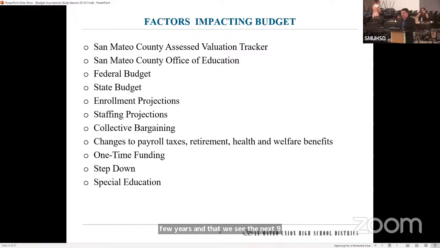Staffing projections are key because 80+% of our funds are spent on people. And so those enrollment projections then drive our staffing projections and are really important. The last couple are collective bargaining. Obviously, given 80% of our budget is in people, collective bargaining has a significant impact on our budget.